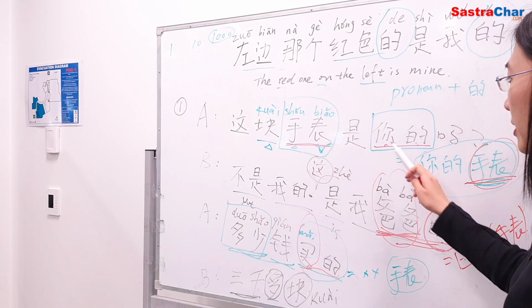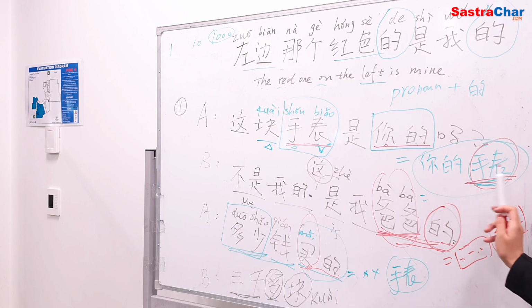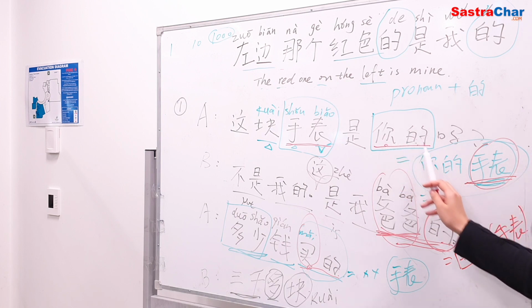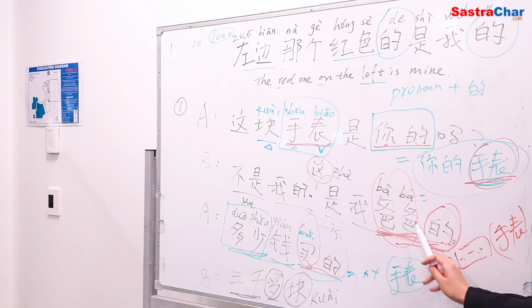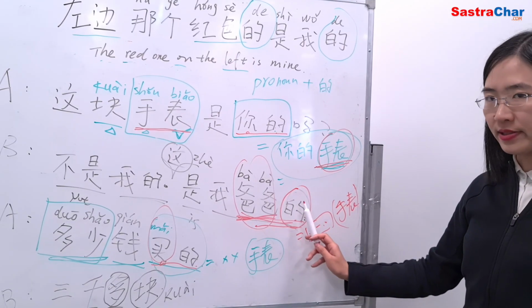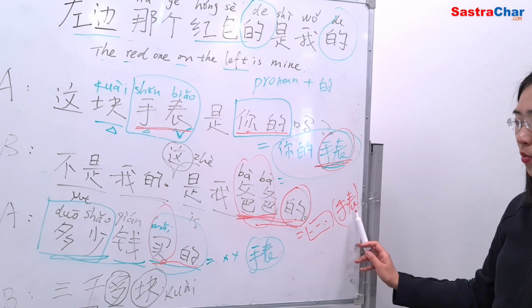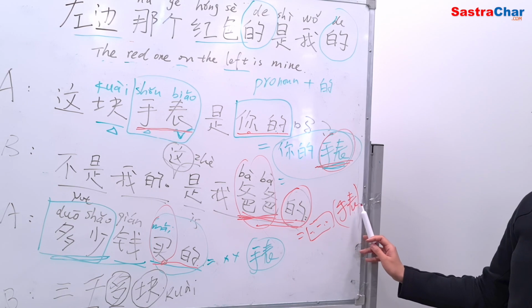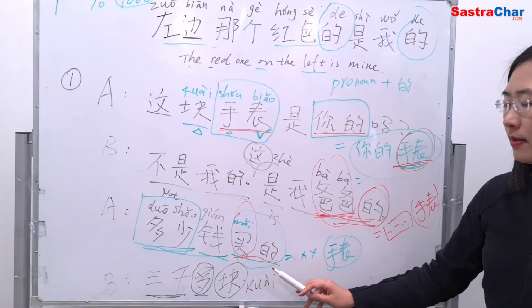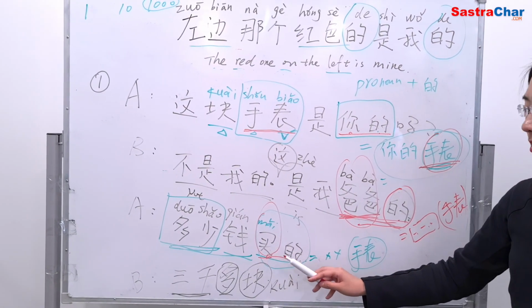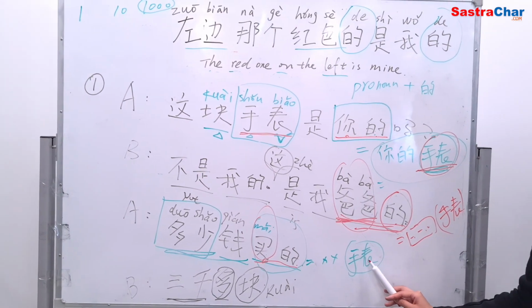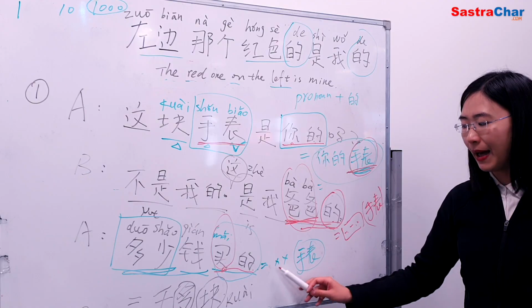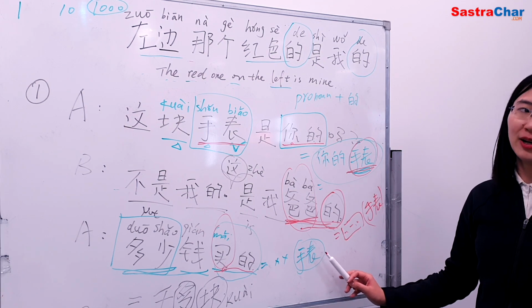Okay. So 你的 means 你的手表, so yours means your watch. And 爸爸的, father's, means father's watch, 爸爸的手表. And 买的 means bought. So it's a watch being bought. Okay, 买的手表, a watch being bought.